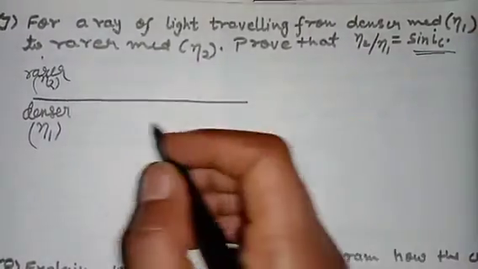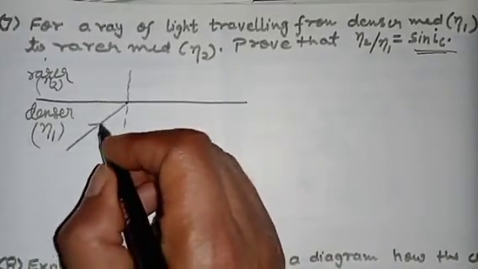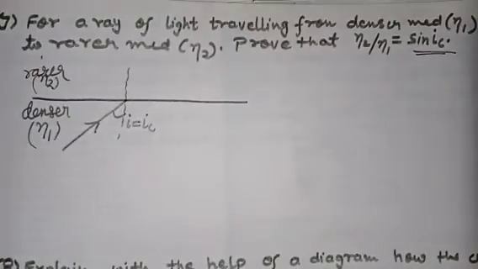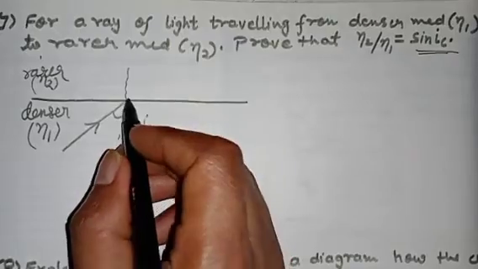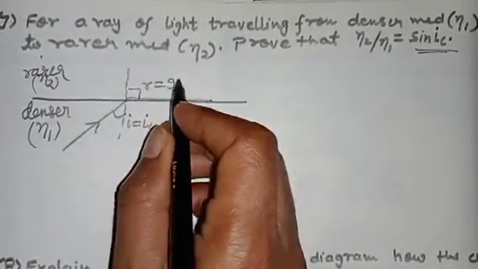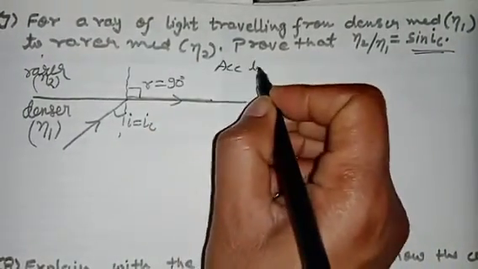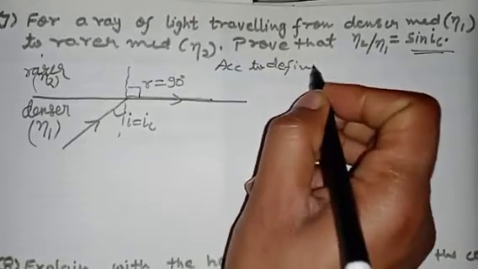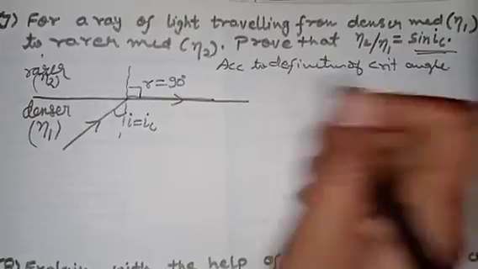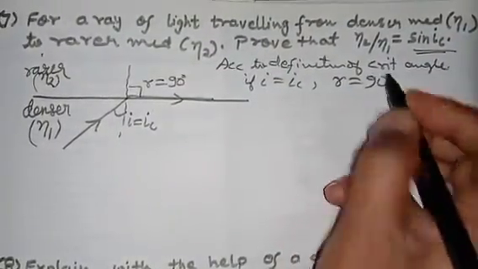So they are talking about critical angle. So at critical angle, if I equal to IC, if angle of incidence is equal to critical angle, then angle of refraction becomes 90 degree. So according to definition of critical angle, if I equal to IC, then R equal to 90 degree.